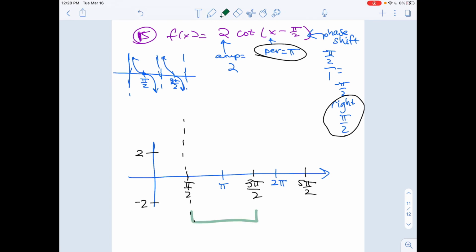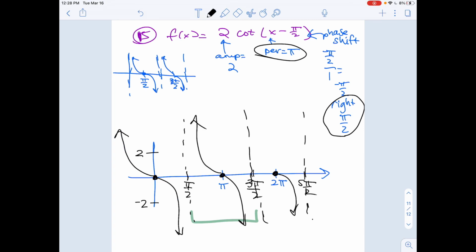So from here to here is a pi, so I know my next asymptote is there, because every period it repeats, right? So that means in the middle is where I'm going to find those zeros. Now that I've got my zeros and my asymptotes, I'm going to follow the pattern, which goes down to the right. So we're going to make that bend down to negative 2. Okay, and then go like this. And we're done.